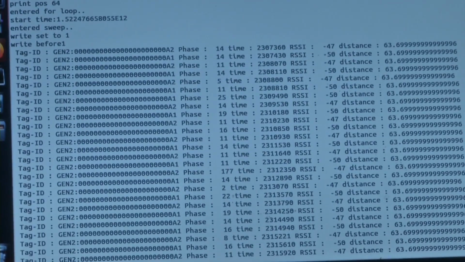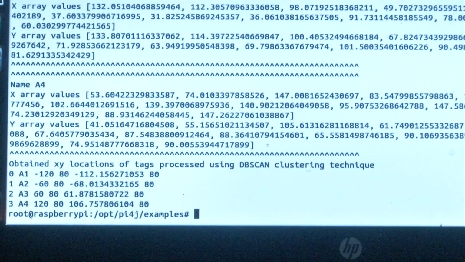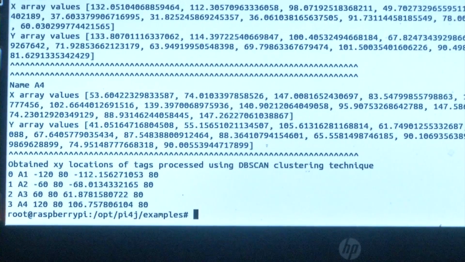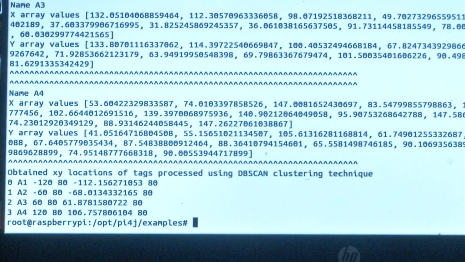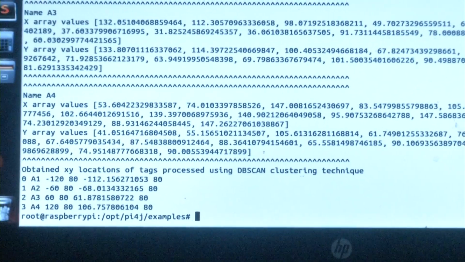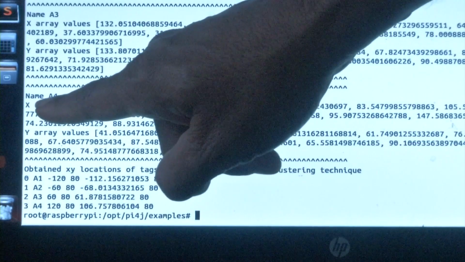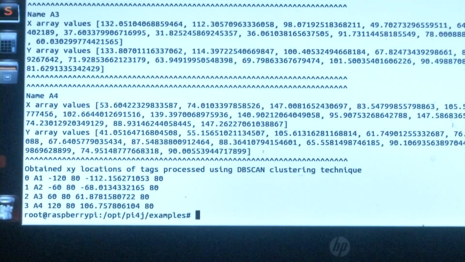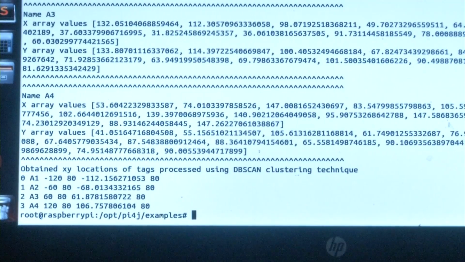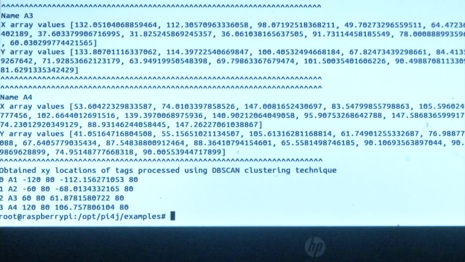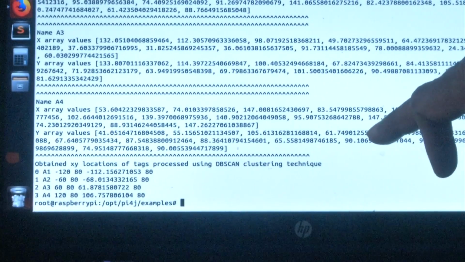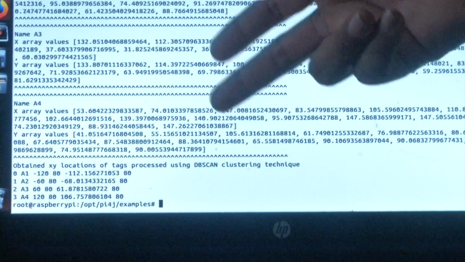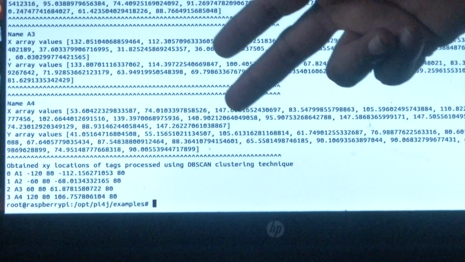And ultimately arrive at the final location of the tag. After reading the phases from each antenna position, you will get multiple intersecting hyperbolas. Take this A4, the right side of the rack, the last tag on the right side, and you will see many intersecting points. All right. Now, how do you make out anything from this, where exactly is the tag?